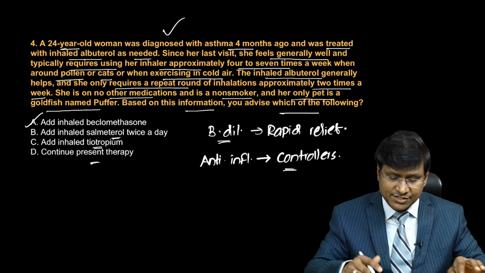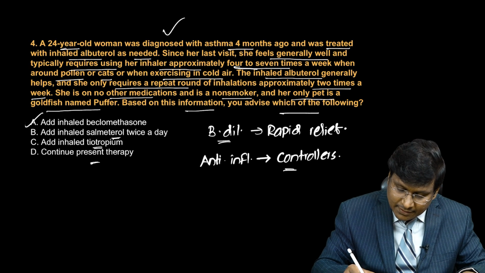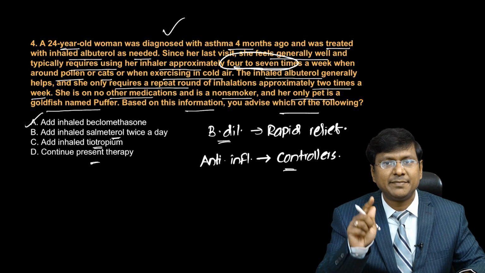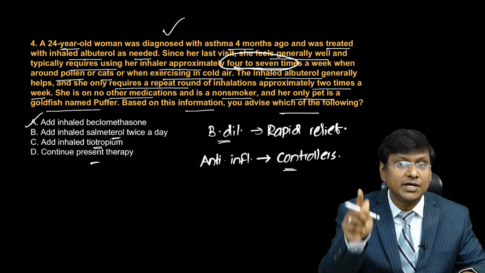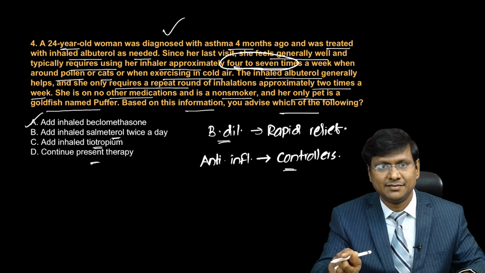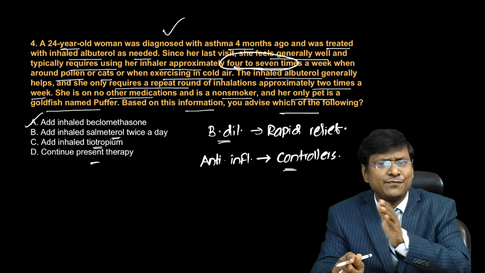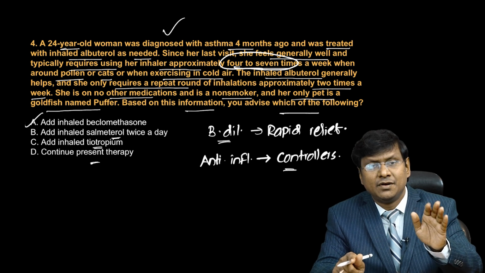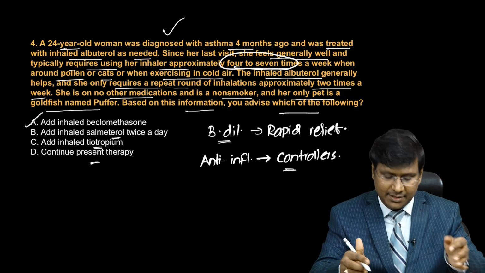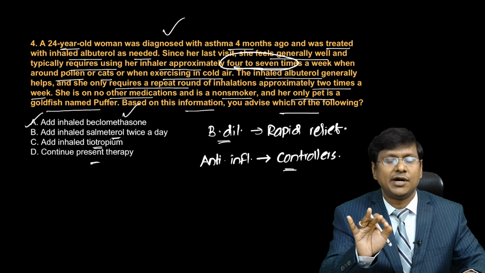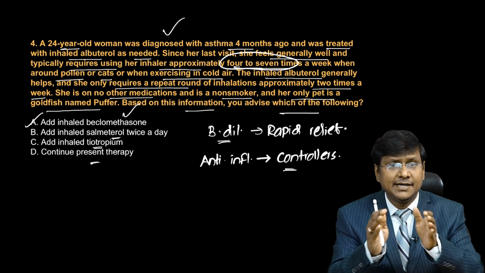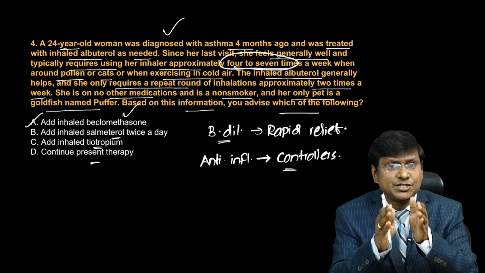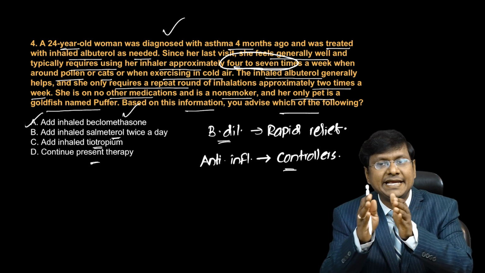This patient is using her reliever medications frequently. Therefore, a controller should be added to her regimen. The treatment of choice for all patients as a controller therapy will be the inhaled corticosteroid given twice daily, and it is very usual to start with an intermediate dose.